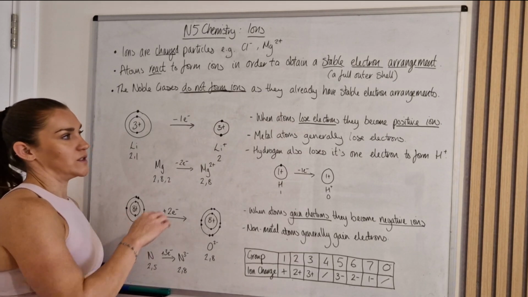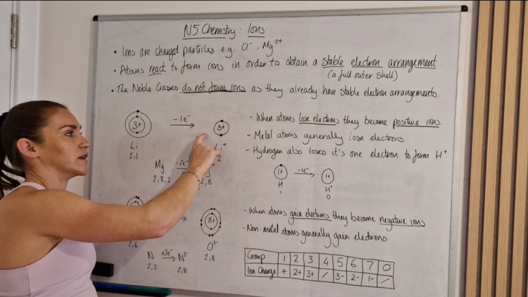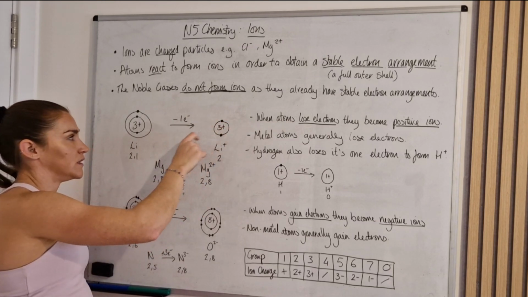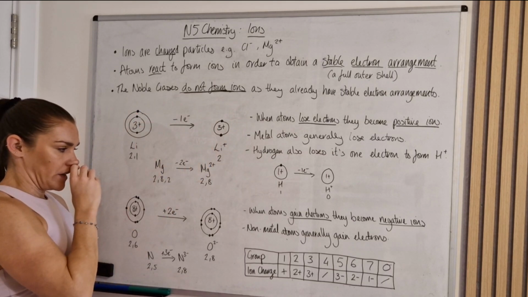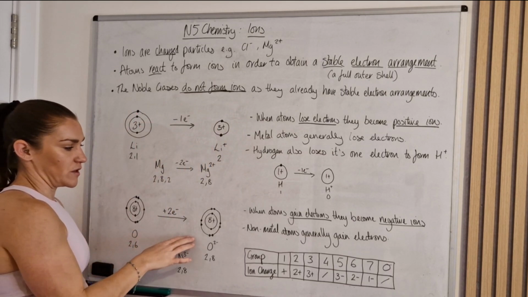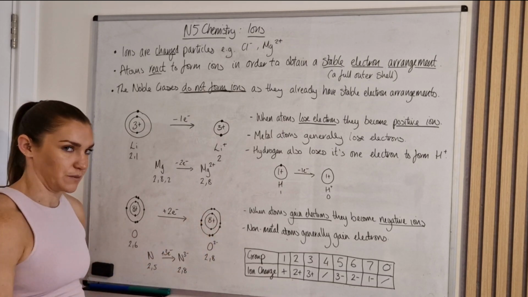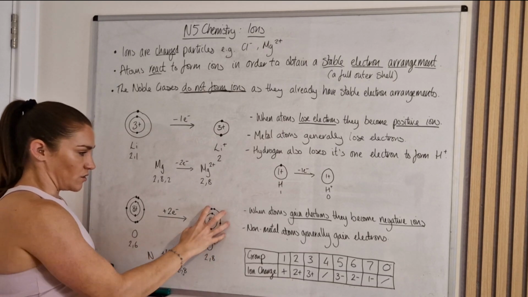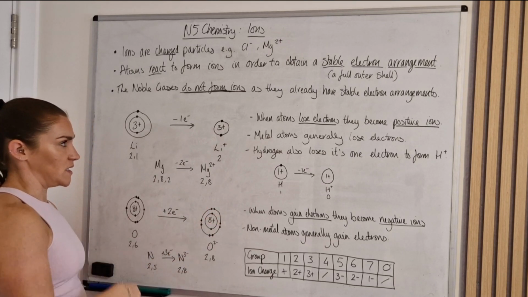One other thing to note is that when atoms lose electrons to form ions, they tend to lose an outer electron shell. So they end up with one less occupied energy level, whereas when the atoms are gaining electrons to form their ions, they end up with the same number of occupied energy levels. So it's just the electrons go into the same layer that was already there.